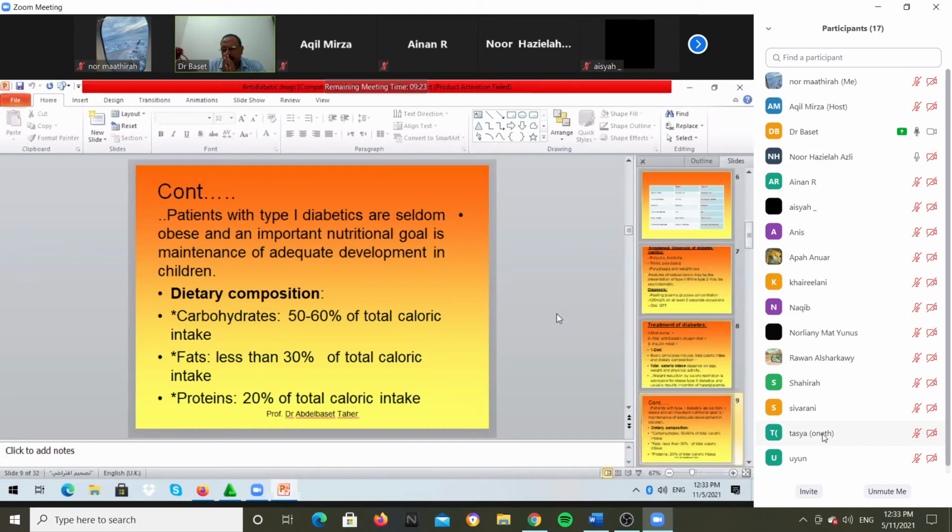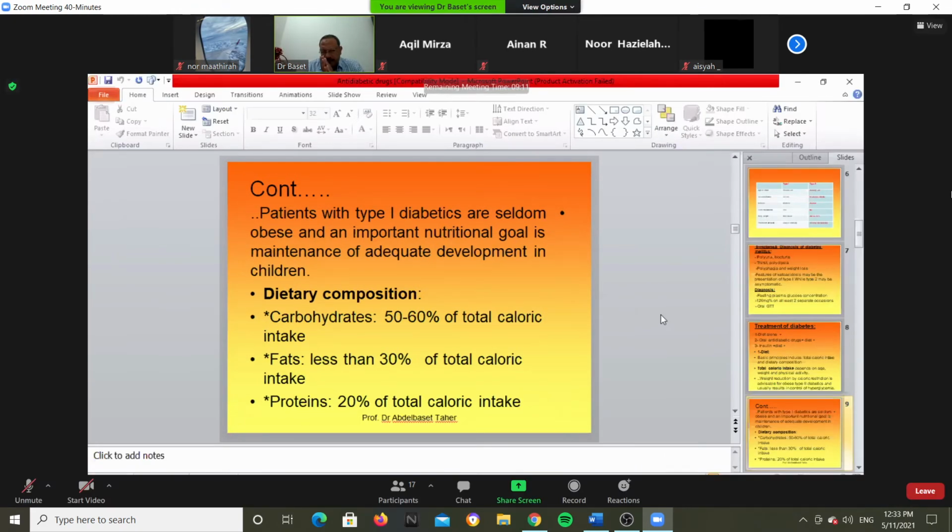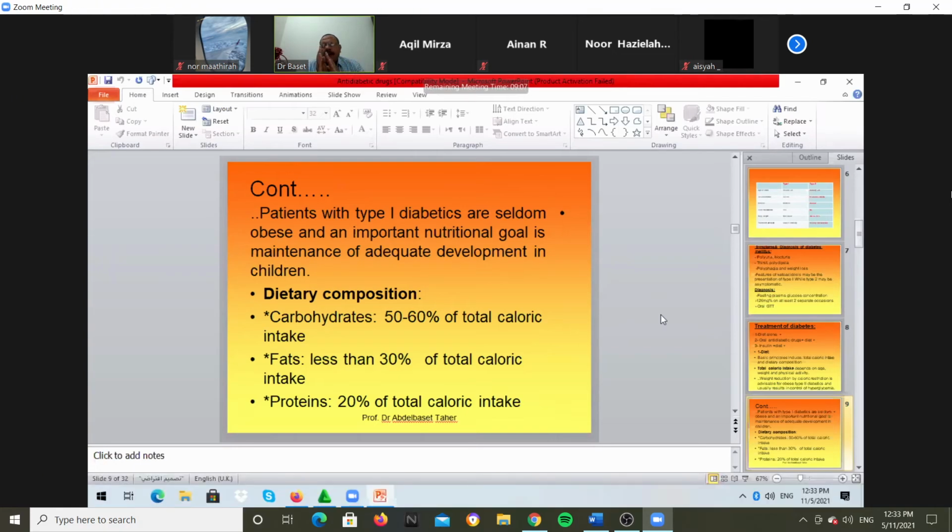Carbohydrate, fat, and protein, if they equal 100% as a total, I can allow my patient to take about 50% carbohydrate to give him a good amount of calories. About 30% or less will be fats, not more than that. About 20% will be protein.